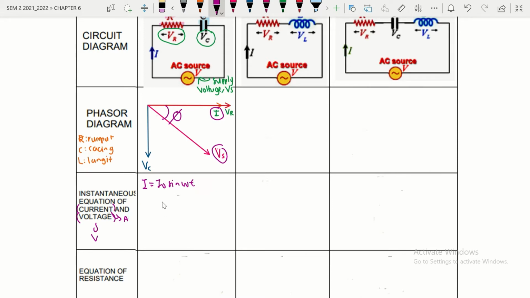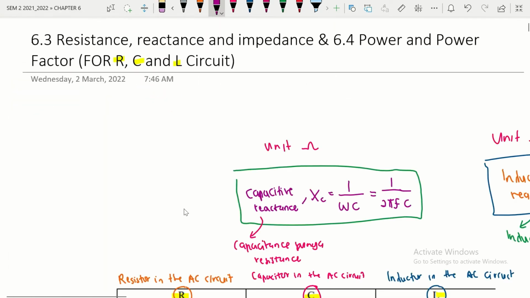Sekarang kita akan ada instantaneous equation of voltage, tapi kita akan ada dua. Satu untuk voltage across resistor dan lagi satu adalah untuk voltage across capacitor. So voltage across resistor adalah V0 sin omega t. Whereas untuk across capacitor adalah V0 sin, besarkan sikit kejap. Oh no, sorry.